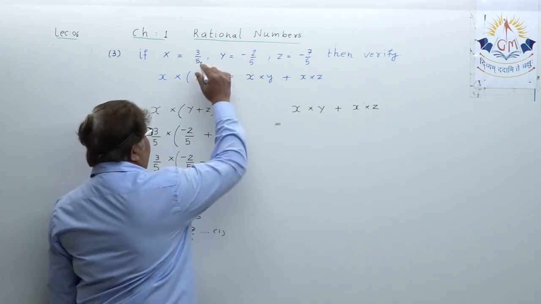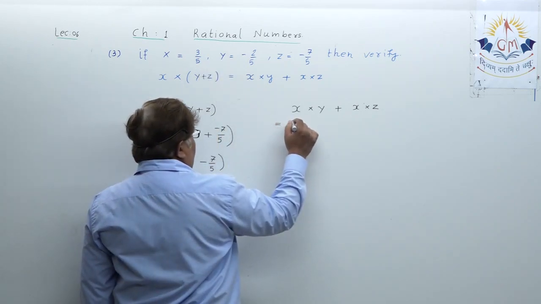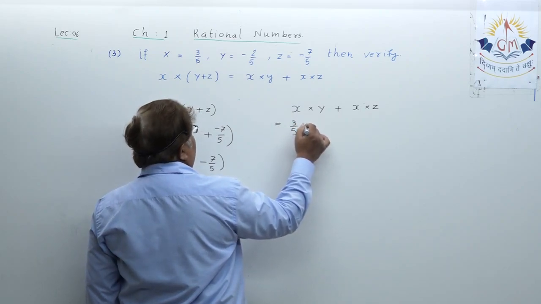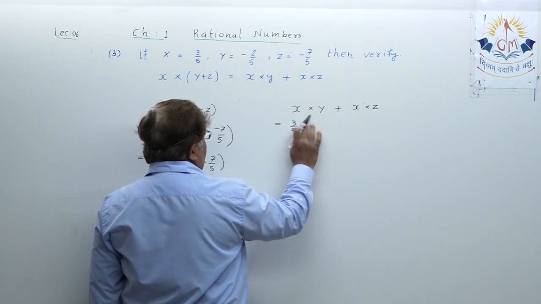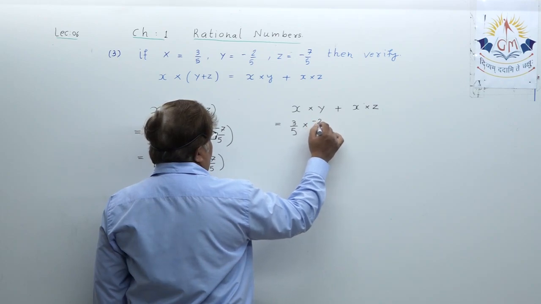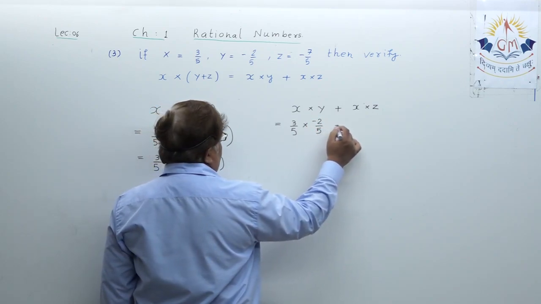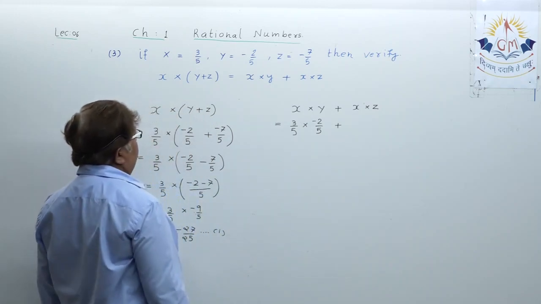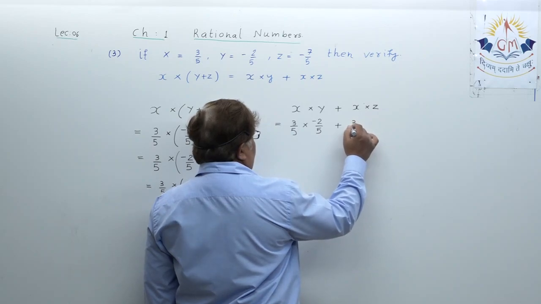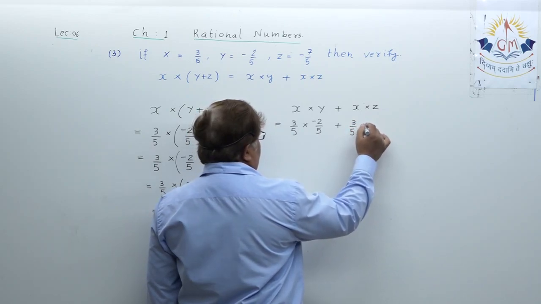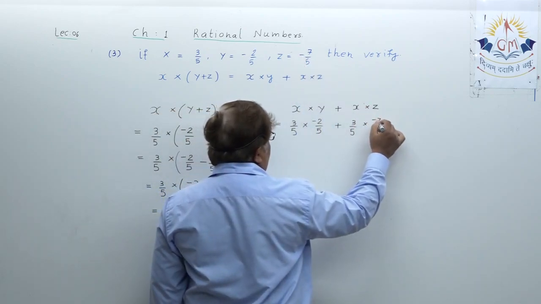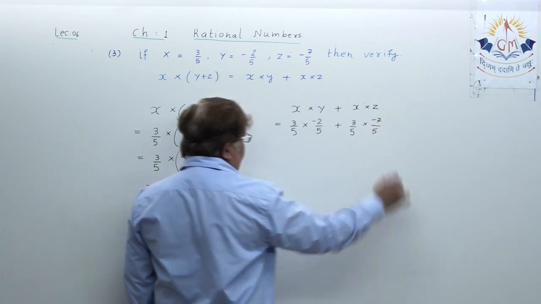Substitute the values. x is 3 upon 5, y is minus 2 upon 5, plus x is 3 upon 5 multiplied by z, minus 7 upon 5.